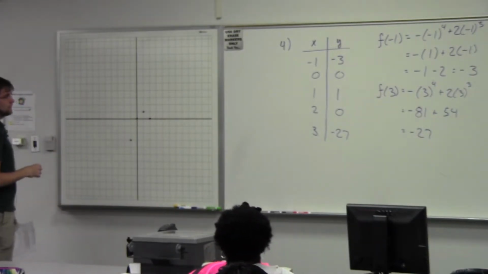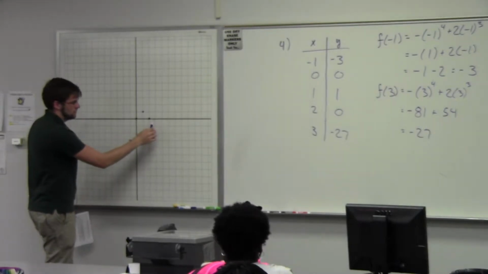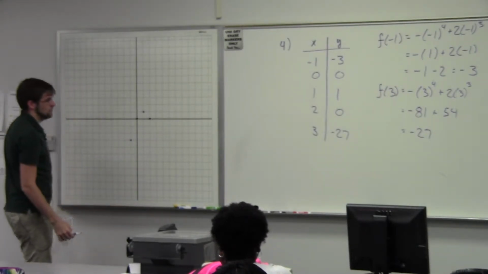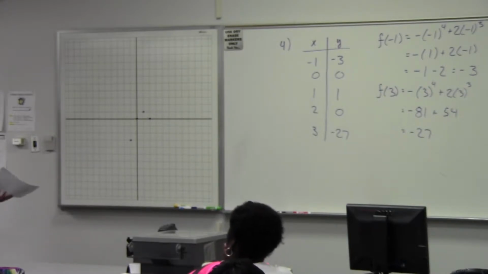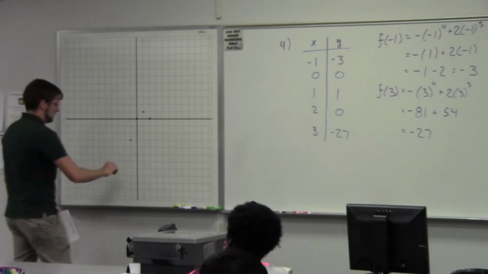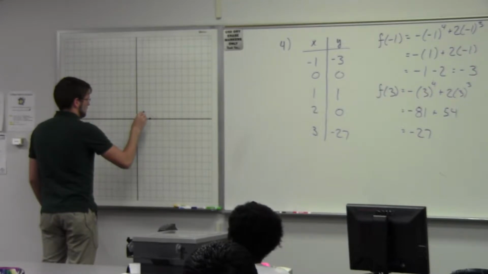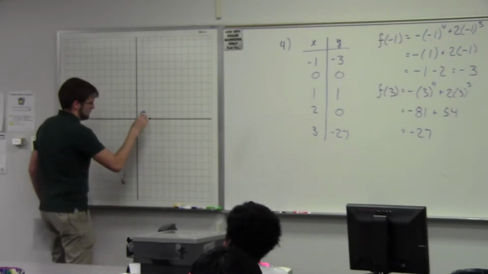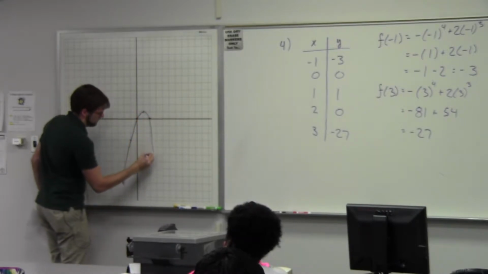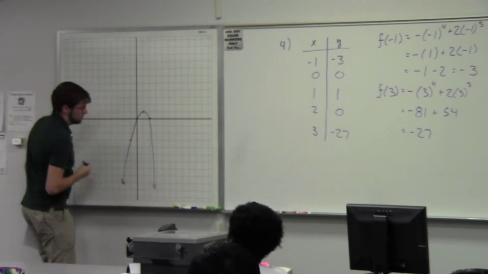And I have 3, 27. So it's just going to take a really, really steep dive. And once I have all my points, I'm just going to connect them with a smooth curve. And this guy is just going to shoot down like that.